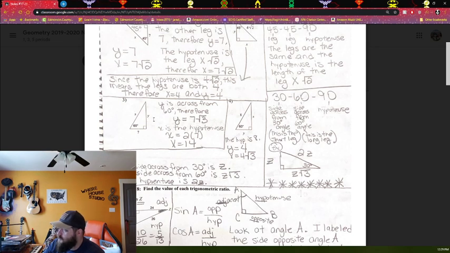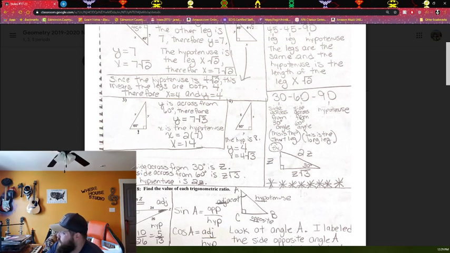And then if we know one of the other things, we can reverse engineer it and figure out what our short leg is. So, for example, she's done this one for you. y is across from 60 degrees, so y equals 7 radical 3.